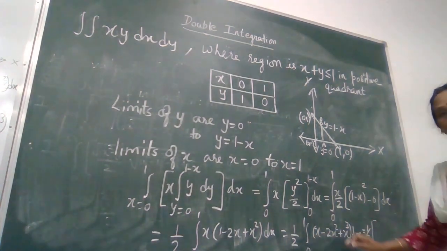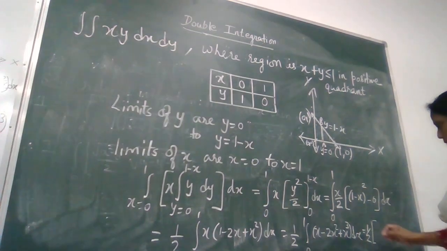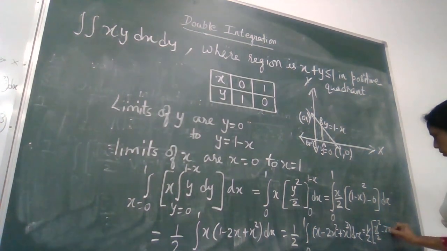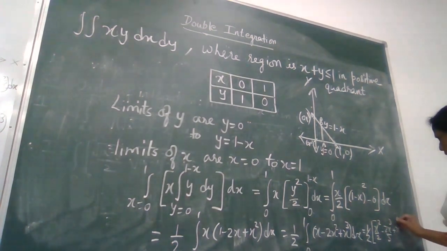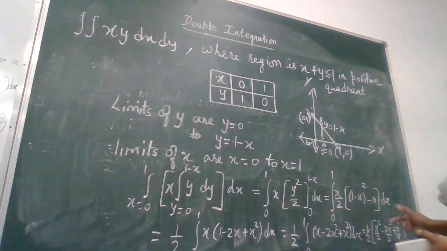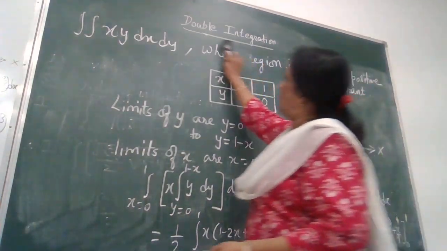So we integrate each term here with respect to x. What we get is x square by 2 minus 2 x cube by 3 plus x fourth by 4, and limits are 0 to 1. So we substitute the value here.